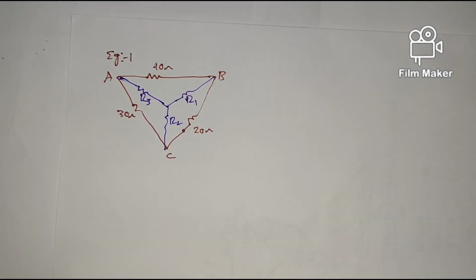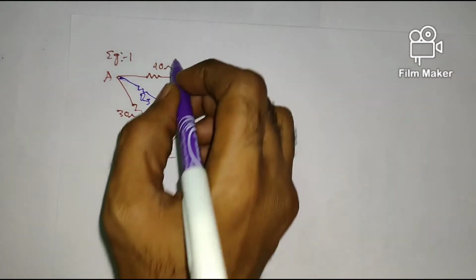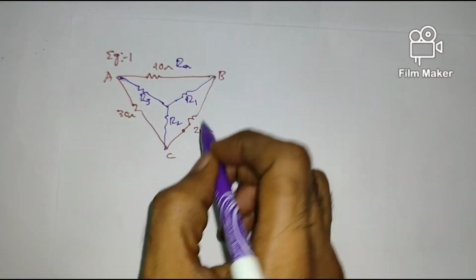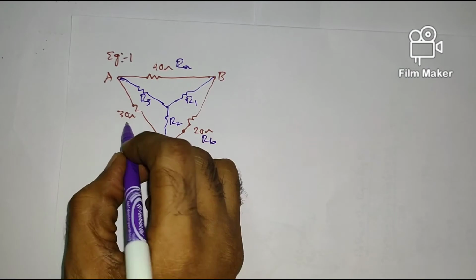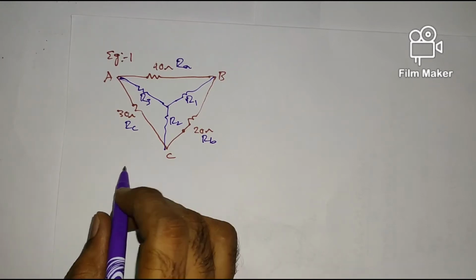We know the formula for finding out the equivalent star when the delta connected resistances are given to us. Say this is RA, RB, RC. Let me recollect the formula that we have derived in the earlier sessions.